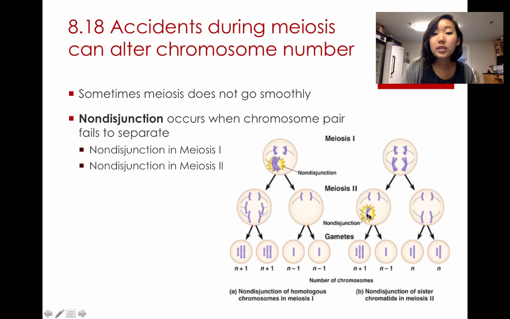But if the sister chromatids do not separate, then one of the daughter cells will have too many chromosomes, and the other one will lack 1. So these are just 2 different forms of non-disjunction. In meiosis 1, the homologous pairs of chromosomes don't separate, and in meiosis 2, the sister chromatids do not separate. These are 2 ways that you can alter the chromosome numbers in your eventual daughter cells, and all of these would have serious implications for your offspring.